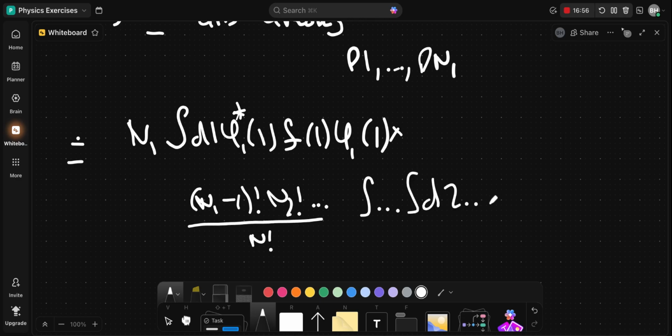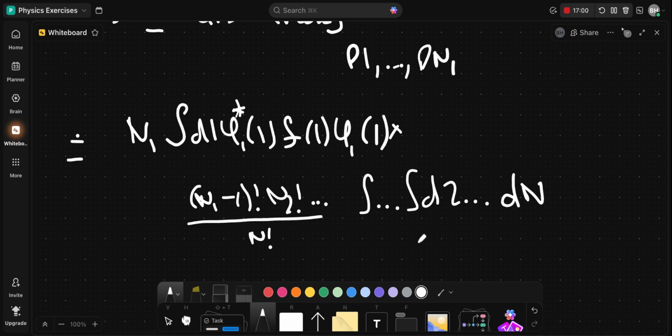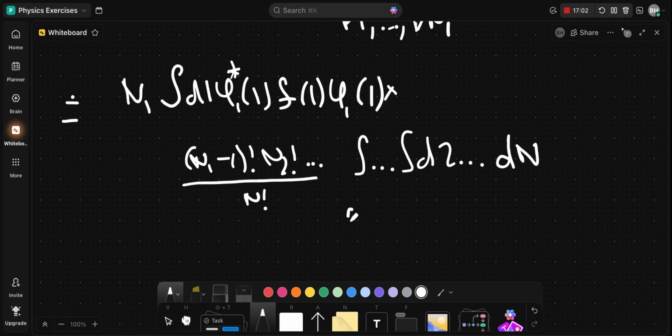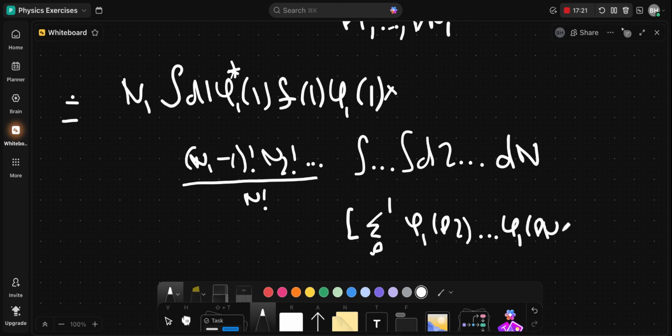So all the remaining coordinates d2 need to be integrated, except that now I have, and I'm going to put a prime on this sum, the following set: phi 1, p2, etc., phi 1, p n1, because I removed one.